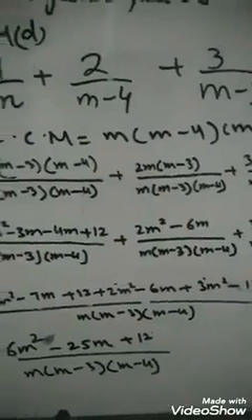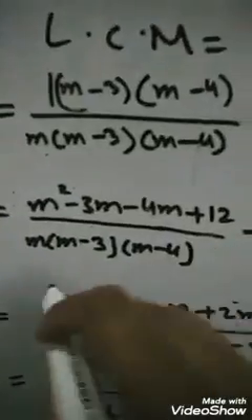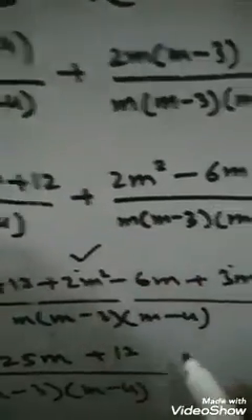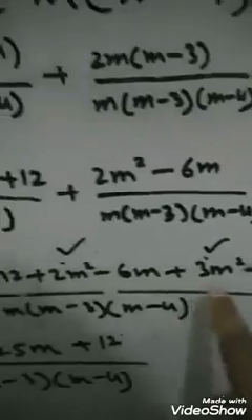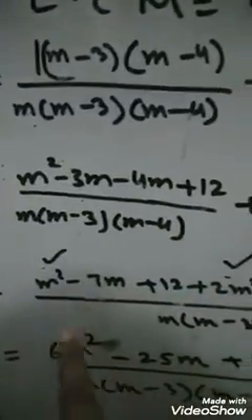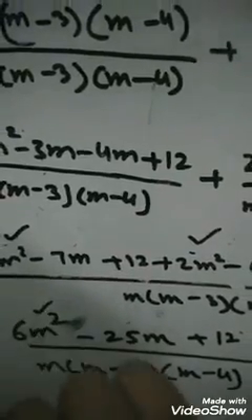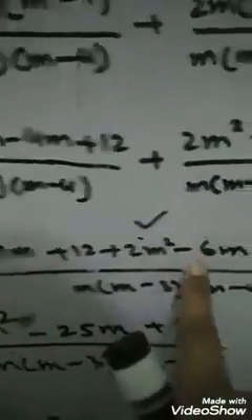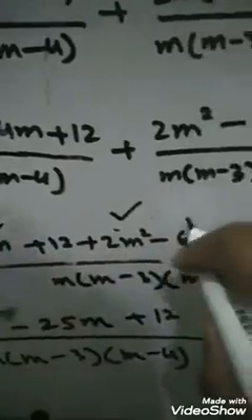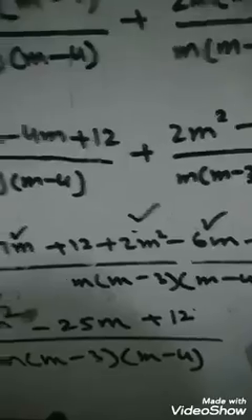Okay students, we have like terms here. M square plus 2m square plus 3m square, all have the positive sign: 1 plus 2 plus 3 is 6m square. Minus 7m, minus 6m, and minus 12m are like terms.